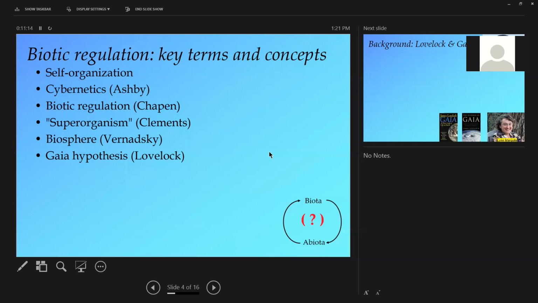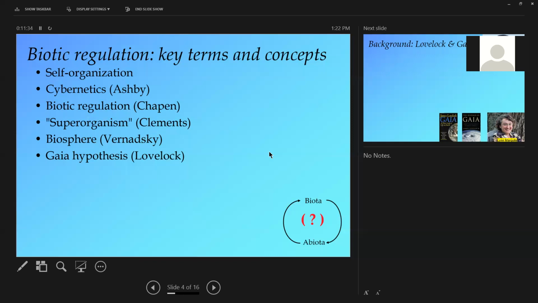That idea ended up being fairly roundly critiqued. In fact, the term ecosystem came out of a debate between Frederick Clements and another ecologist, Arthur Tansley, who thought, yeah, they're systems, but they're kind of different from organisms. And it's kind of confusing to call them superorganisms.